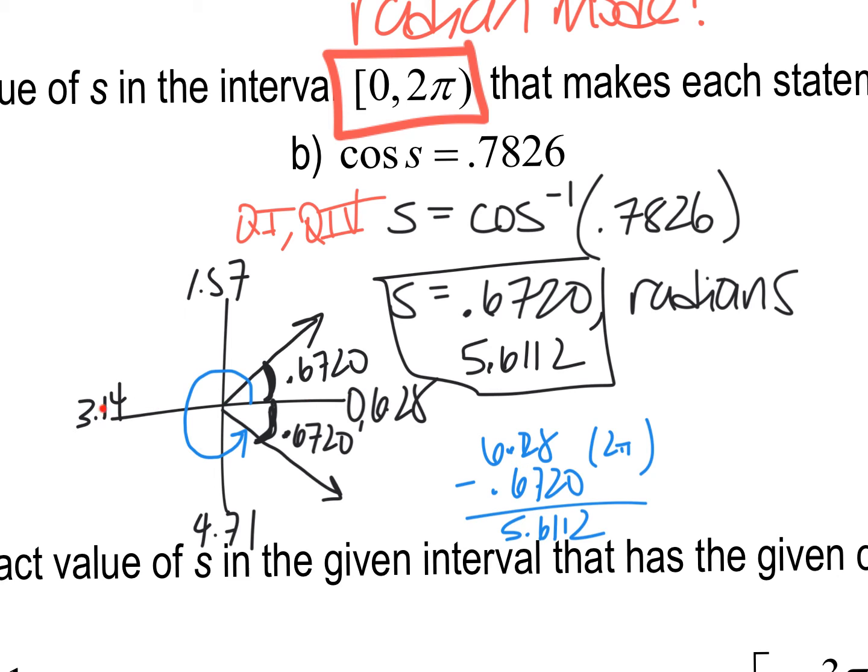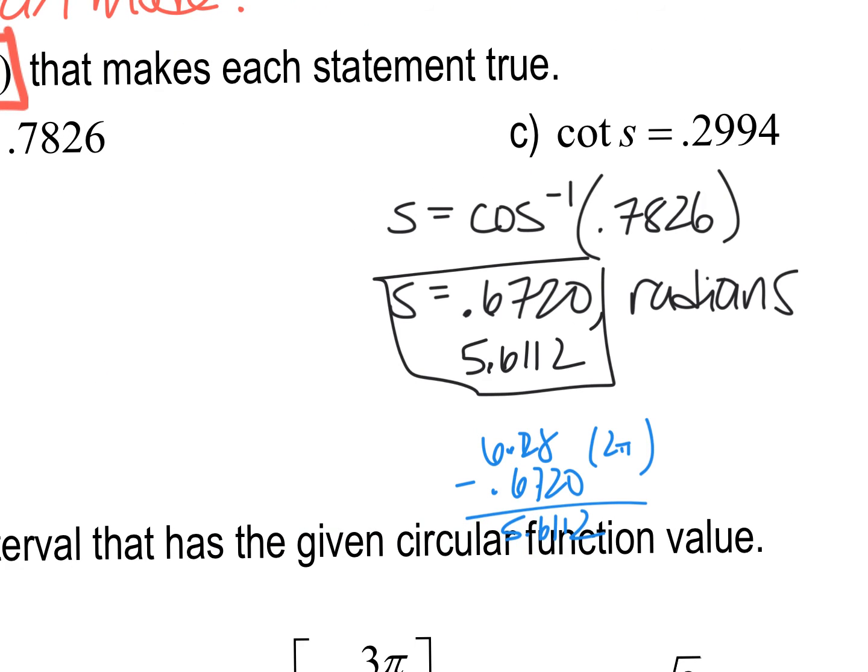We always use the x-axis in order to add or subtract. So the 0.6720 is actually not between here and here. That is incorrect math, so that's why I didn't use the 4.71. Use the 6.28 and subtract this angle, and that gives you the blue all the way around, almost the full circle, but not quite.